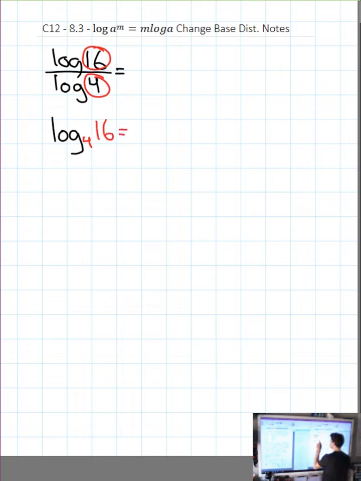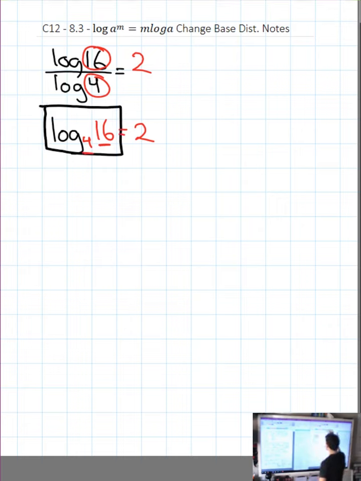Now, what power do I have to raise 4 to equal 16? Well, the answer is simply 2. And if I typed this original, I better get the same thing. But the point of that was simply to perform change of base. So from now on, we're just going to do that rule.